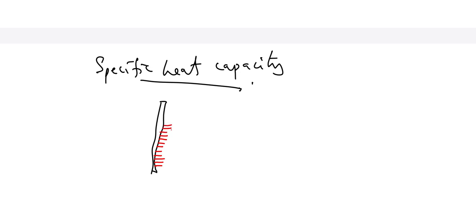Now if you insert this thermometer in water, so let's say we have water here, the thermometer is immersed in the water, and you also have a metal like aluminium.